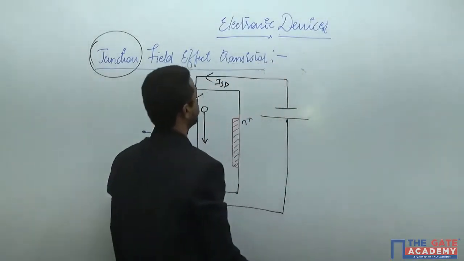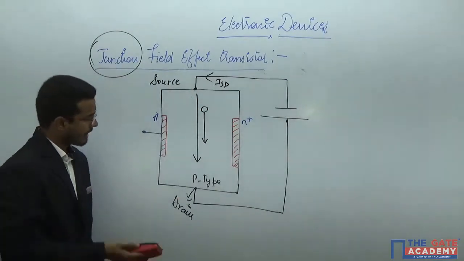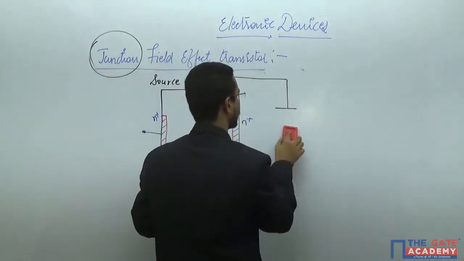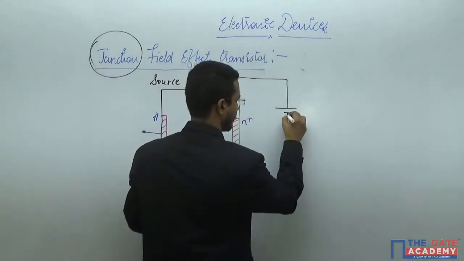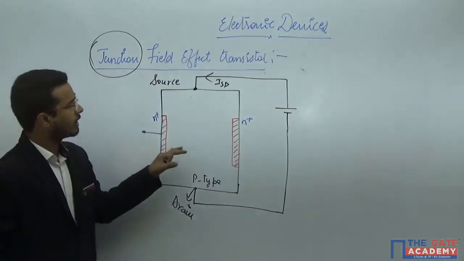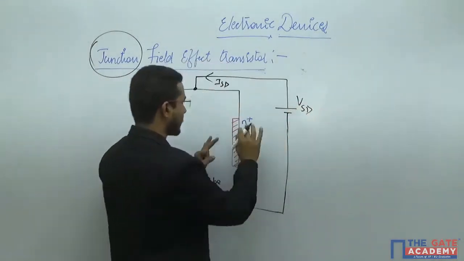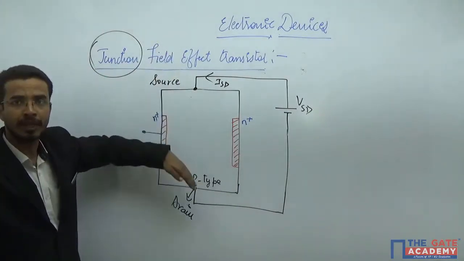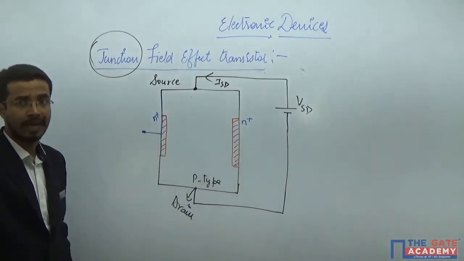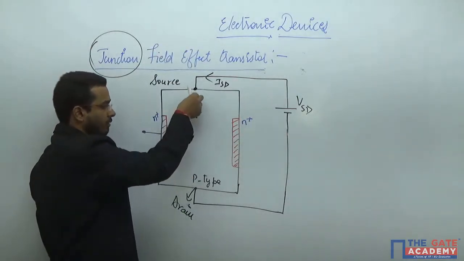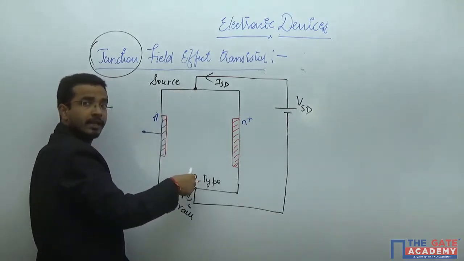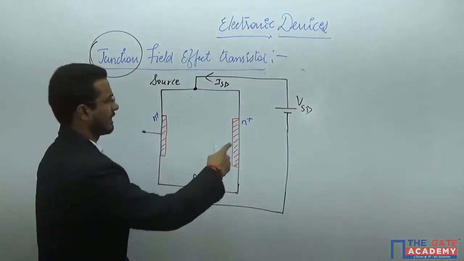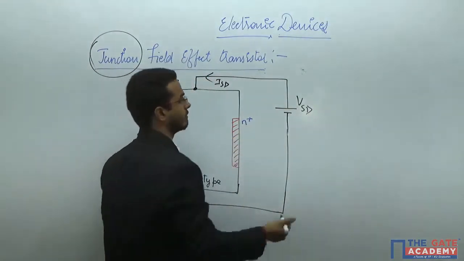Now, let us come to the practical realization and see how things change with the applied voltage. Going back to my previous figure, if it is my VSD with this polarity, the current goes from source to drain in the downward direction. The electric field is downward, so the holes move along this line downward. Instead of variables, I will take numbers.